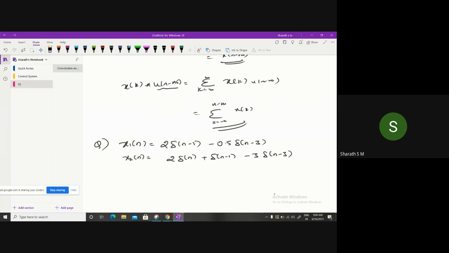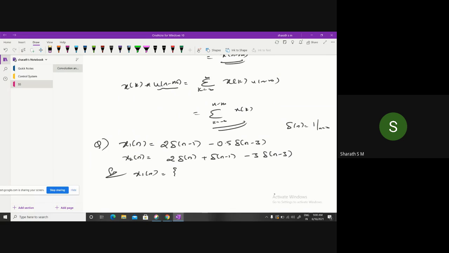So both the signals are in terms of impulse response. So we can extract the samples at n is equal to 0, 1, 2, 3. So delta of n means we have a signal as 1 at n is equal to 0.